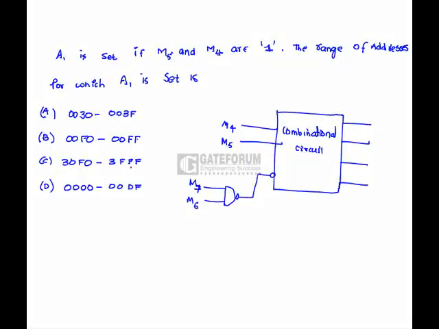A1 is set if M5 and M4 are 1. The range of addresses for which A1 is set? This is A0, this is A1, A2, A3. Here the address is a 16-bit address.